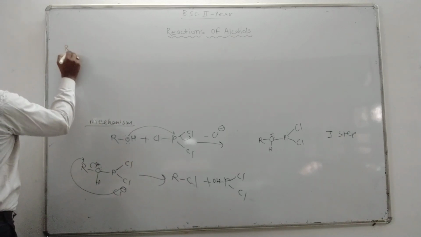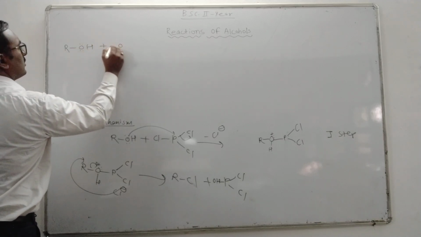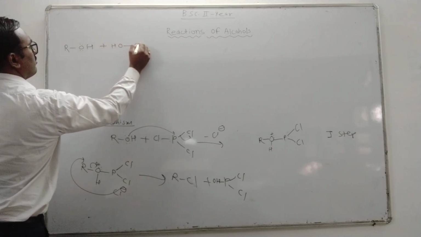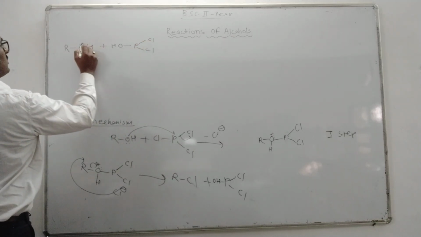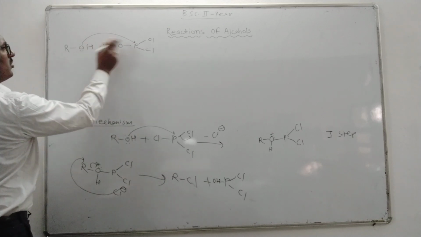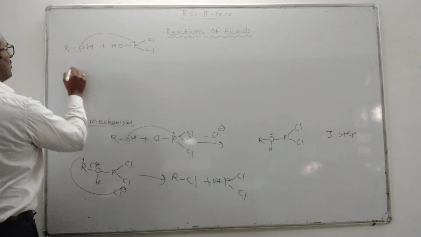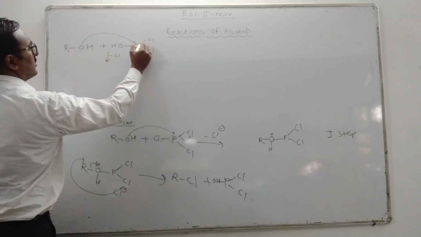Second molecule of alcohol ROH plus OH PCl Cl. Again there is attack, lone pair of electrons accepted by the phosphorus, then minus Cl.